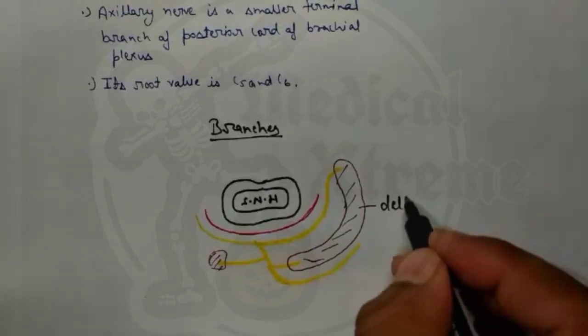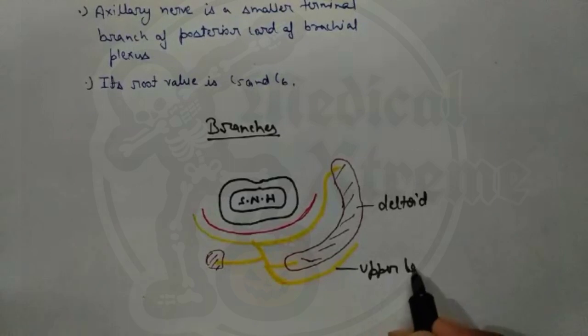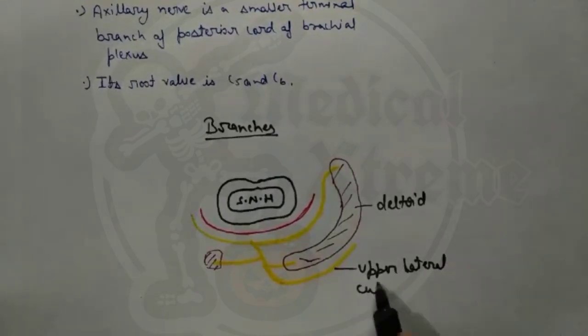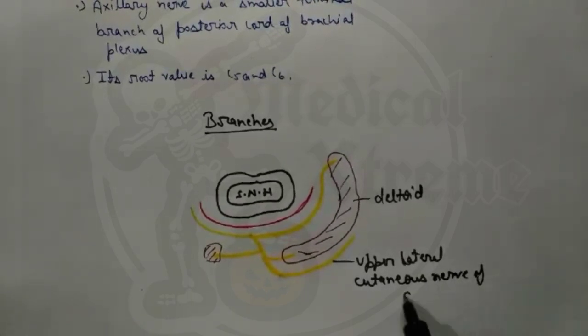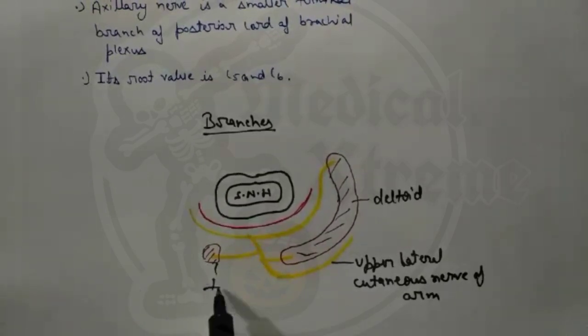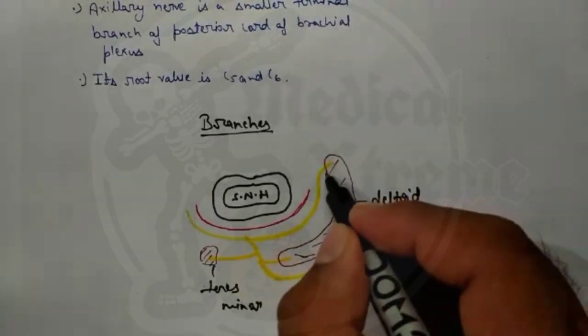This is deltoid. This is upper lateral cutaneous nerve of arm. This is teres minor, and this is anterior division.